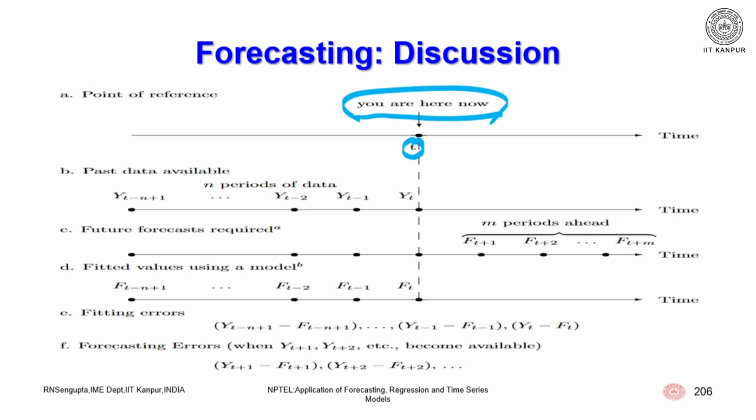So, if I consider the time frame, here you are basically writing the actual value y t, and if you go one step at a time back, that means on to my left is the past, on to my right is the future.